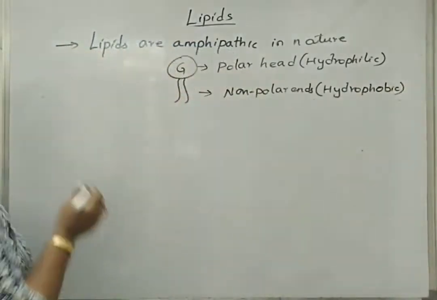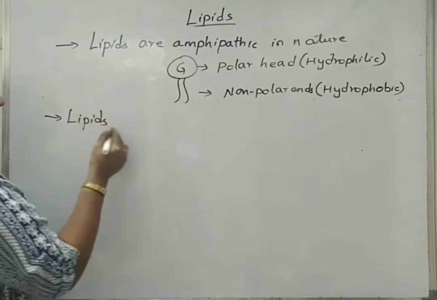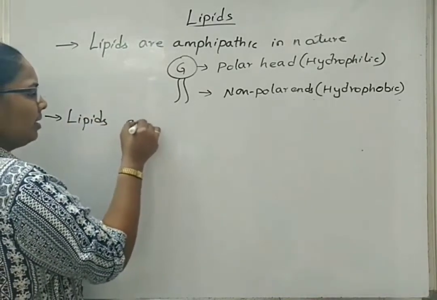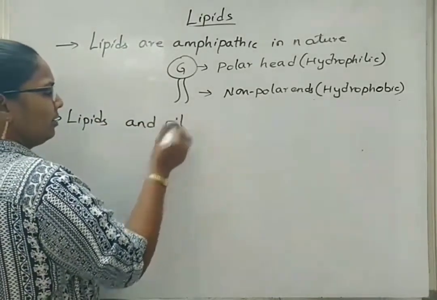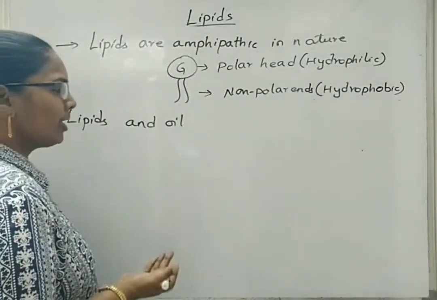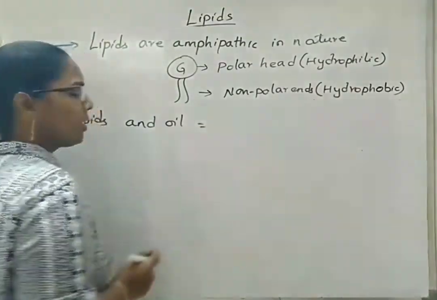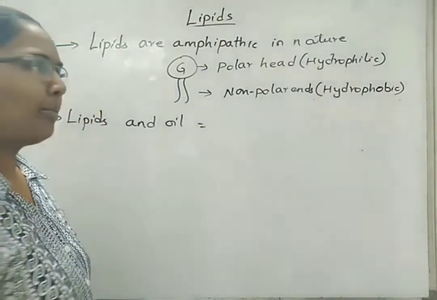Now, we also use another term instead of lipids: lipids and oils. When we are usually talking, we sometimes say lipids instead of oils and oils instead of lipids. But these two are differentiated basing on the melting point.